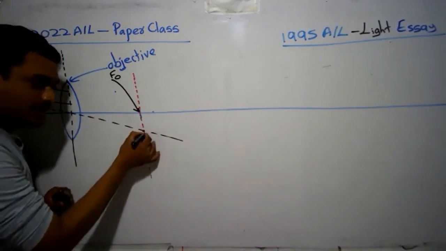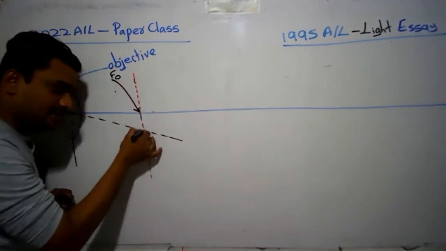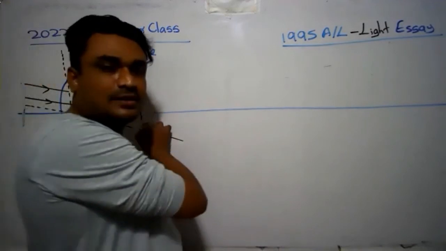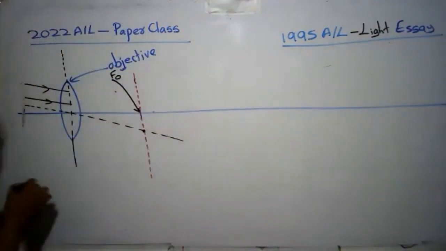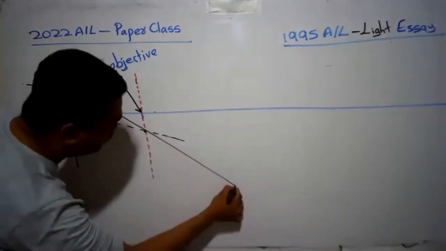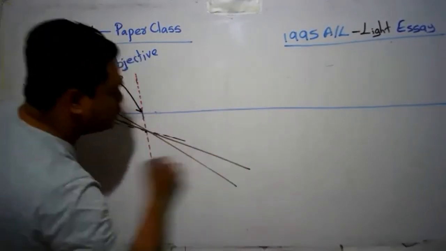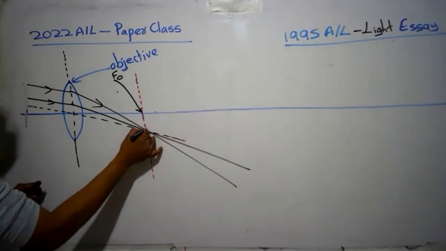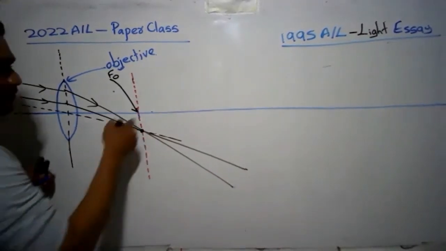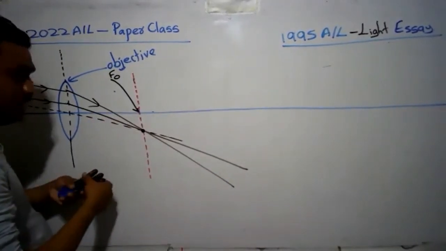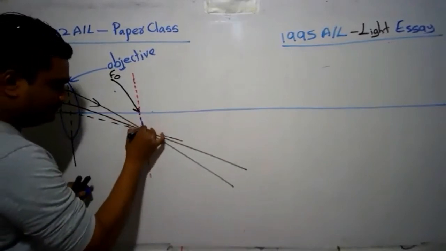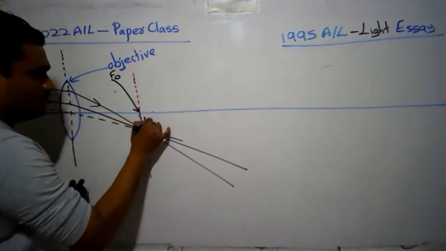The virtual light ray means the red dotted line here. Therefore, the other two light rays should also go through this point. So this one will go through this point, and the other one will also go through this point. So the first image is formed here, H1.